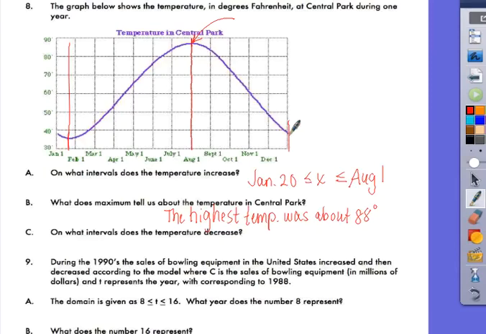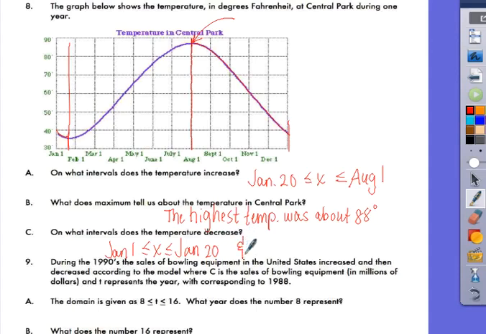Okay, so, thoughts. I think we need 2 separate ones. I think we need to show this, and then I think we need to show this. So let's do the first one. It's decreasing between January 1st and what? Yeah, we picked January 20th, so we'll do that.